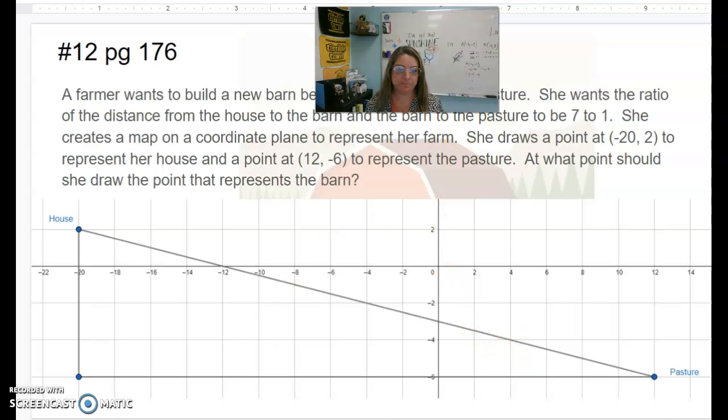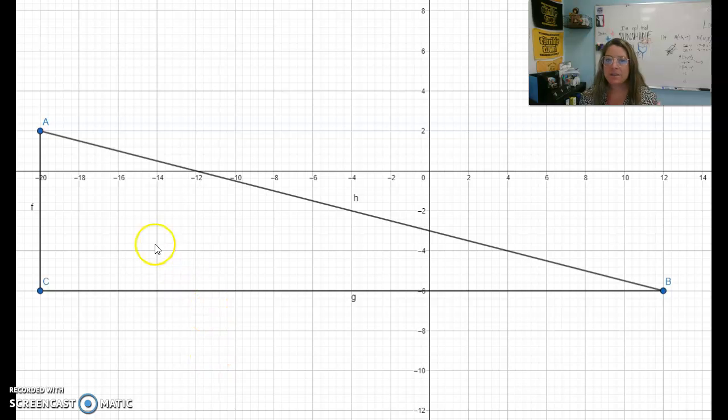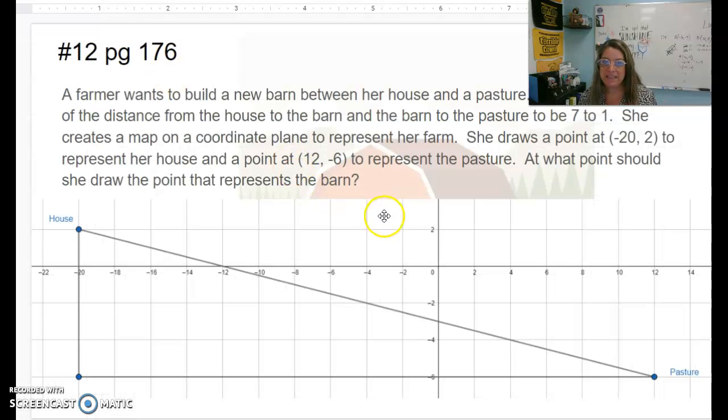What I have here is the same triangle that is representing the house, the pasture, and the barn. I wanted to show you that as we travel, remember, our rise was 8.